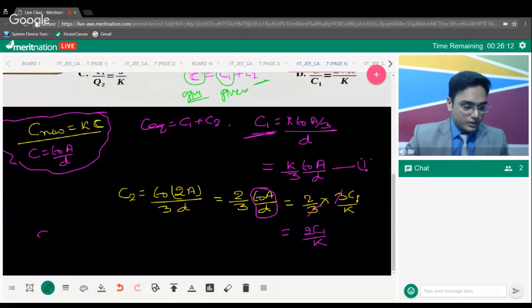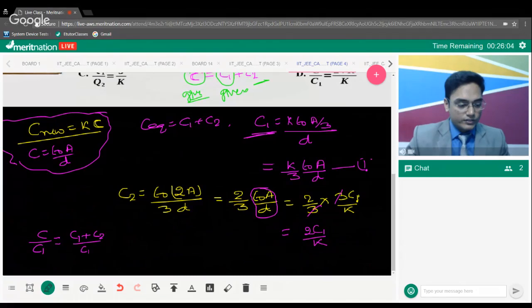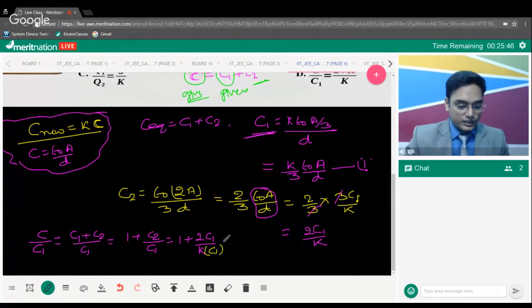So C upon C1. C is the equivalent, so we can say C1 plus C2 upon C1. This is equal to 1 plus C2 upon C1, and the value of C2 is 2C1 by K. C1 gets cancelled out.